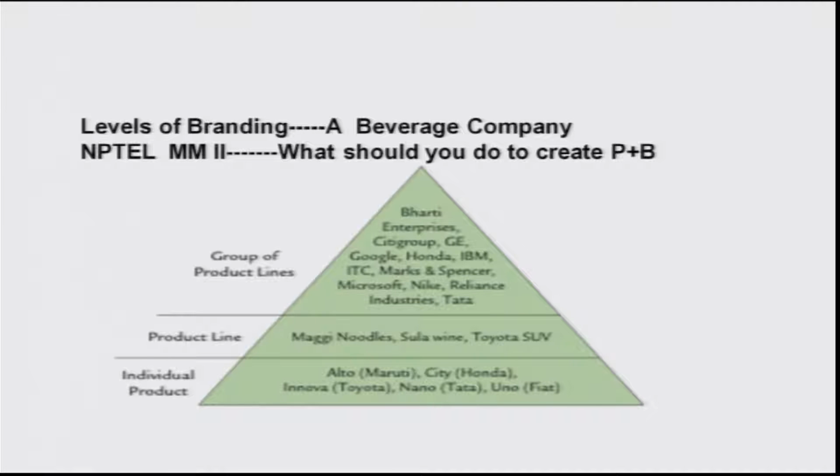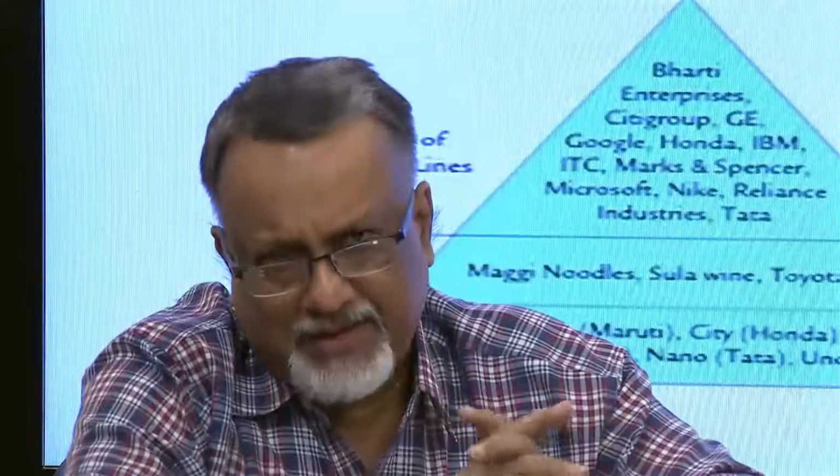Suppose you are a large player already in the food and beverage market, and you are a new brand manager in such a company, and the company wants to launch a new beverage.